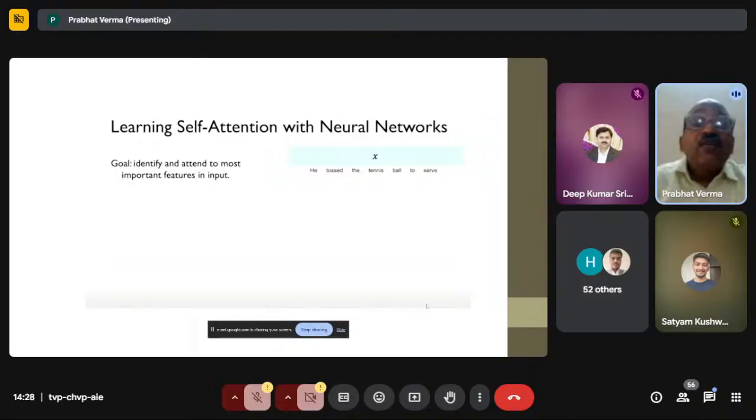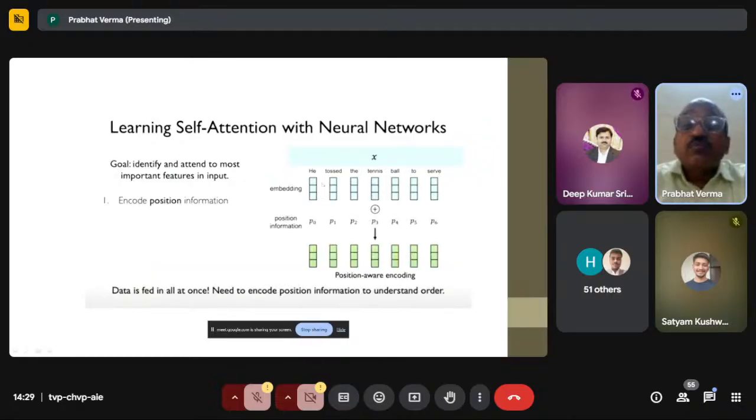For example, in learning self-attention with a neural network, the goal is to identify and attend to the most important features in the input. For example, the sentence: he tossed the tennis ball to serve. So you have this embedding. The first step is to encode the position information.